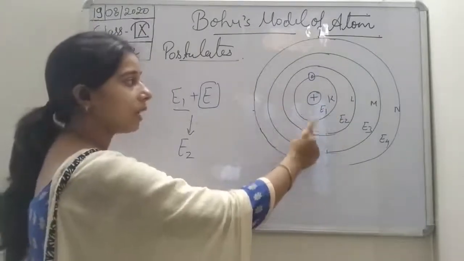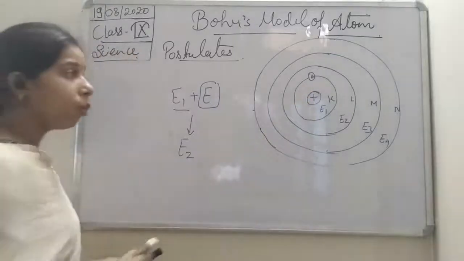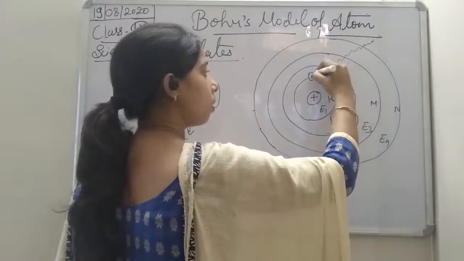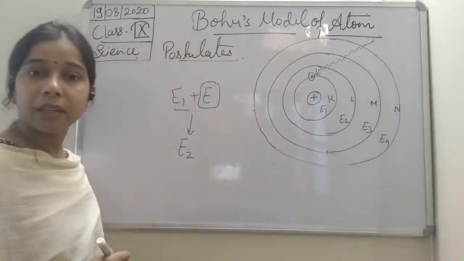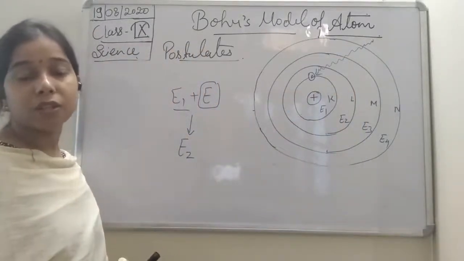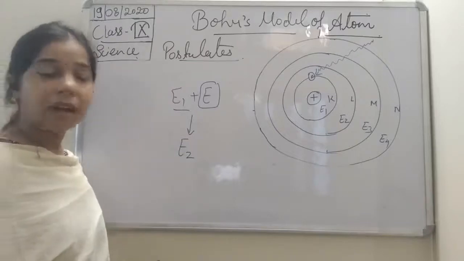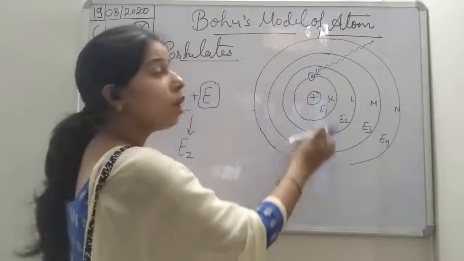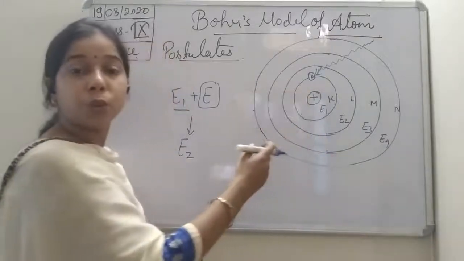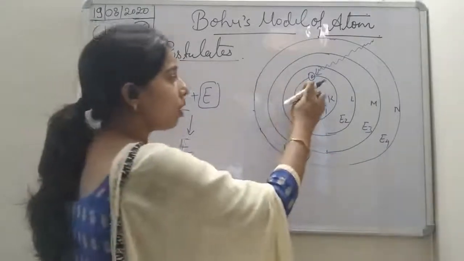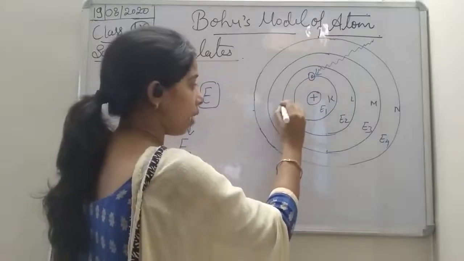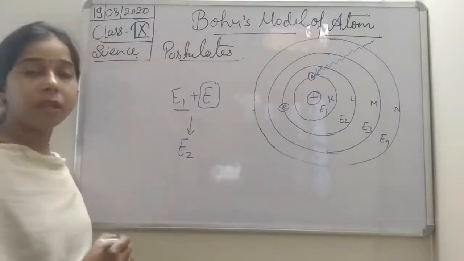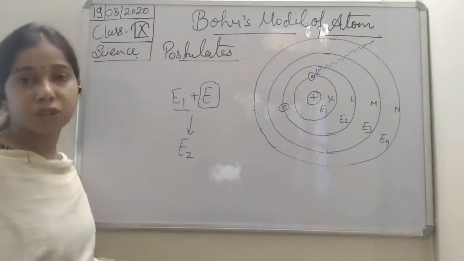So we can say that you have provided energy to this electron, students. Due to which the energy got increased, and finally the energy will become equal to the next orbit. So it will jump into another orbit. This electron will jump from the K shell to the L shell.